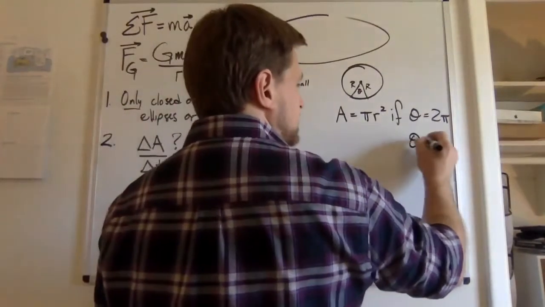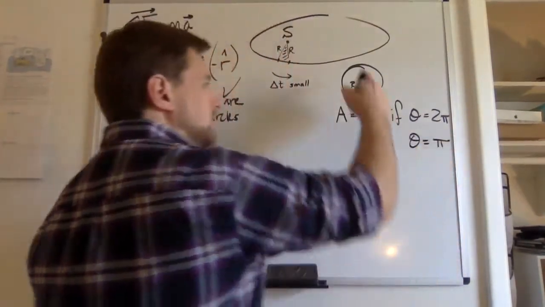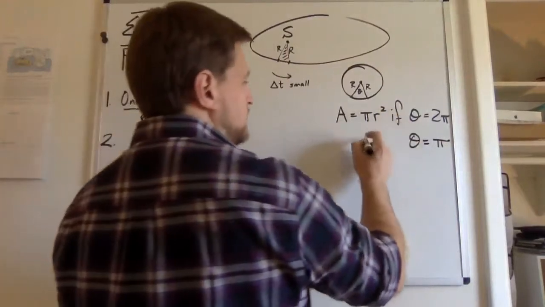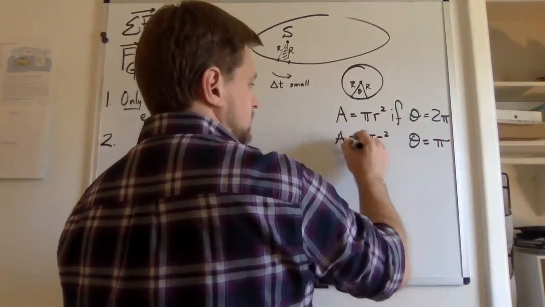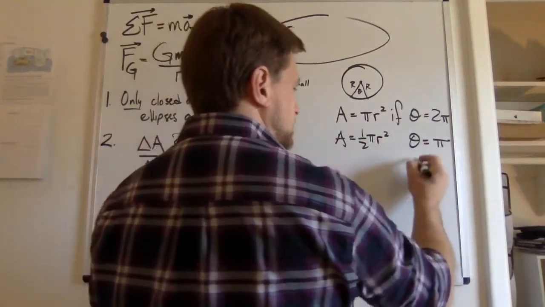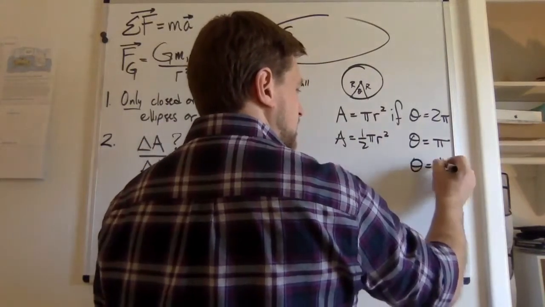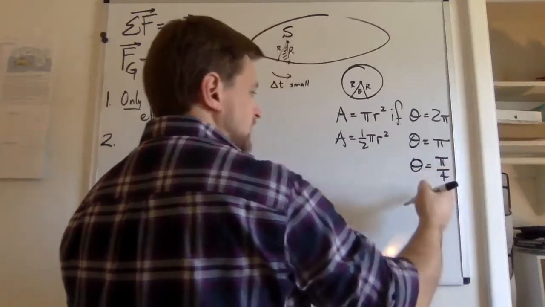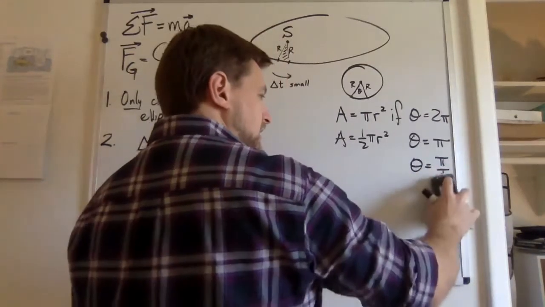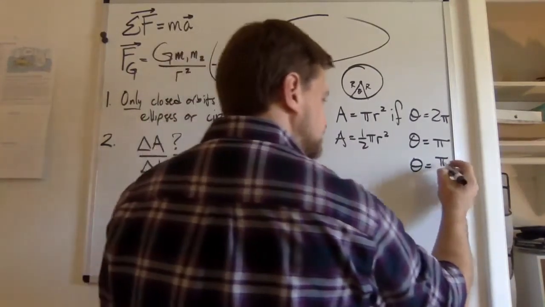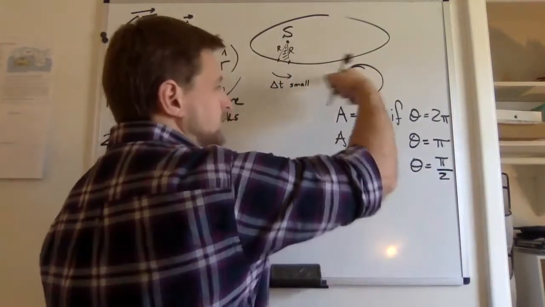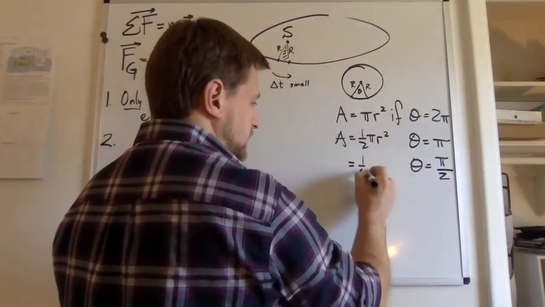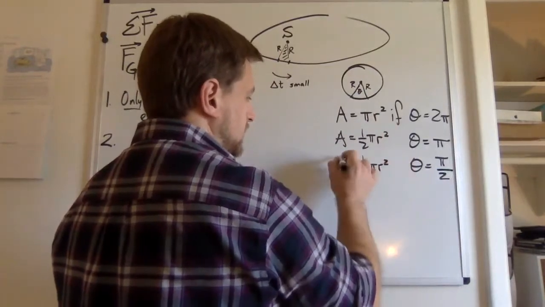What if theta is only pi? Only half a circle? All right, so it should be 1/2 of an actual circle. So what if the angle is only 90 degrees? Well, that's a quarter of a circle, so it's 1/4 pi r squared.